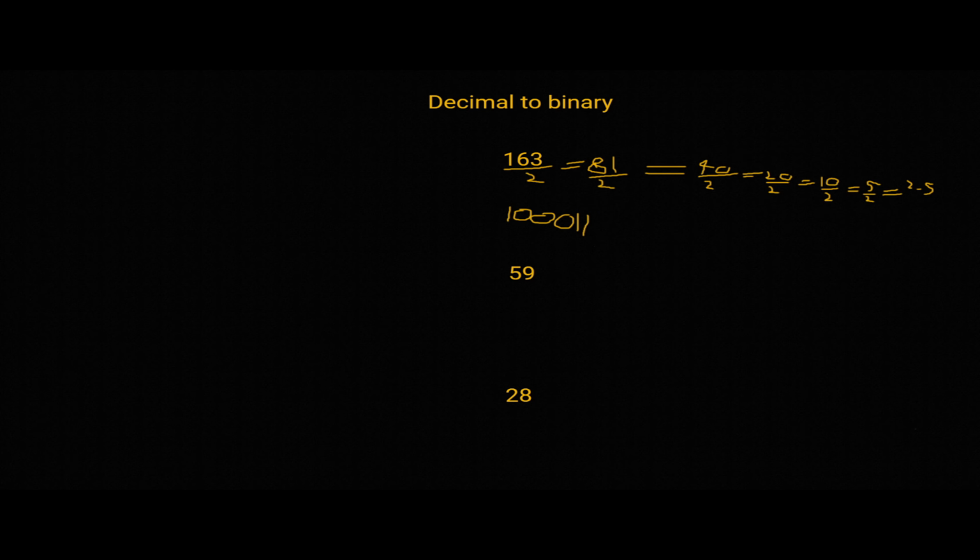Now we will get rid of that remainder. And 2 divided by 2 is 1. There is no remainder. And 1 divided by 2 equals 0.5, so there is a remainder.